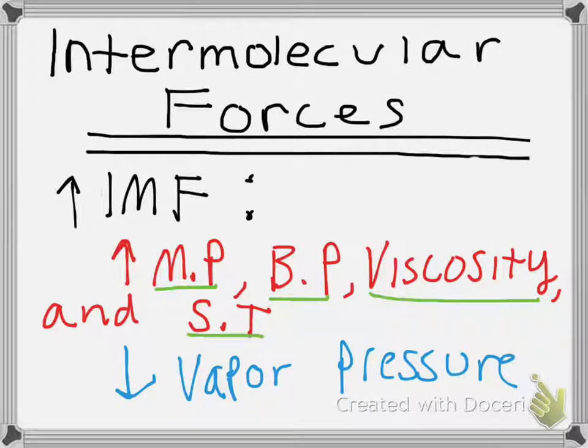And if you have a lesser intermolecular force, let's say van der Waals forces or dipole interaction rather than a hydrogen bond, you are going to have less of these different properties. Now, when it comes to vapor pressure, something that is really important to keep in mind is that if you have higher intermolecular forces, you're going to have a lower vapor pressure, and there's a very good chance you will see this on test day because it's a very simple point that's easy to forget for students.